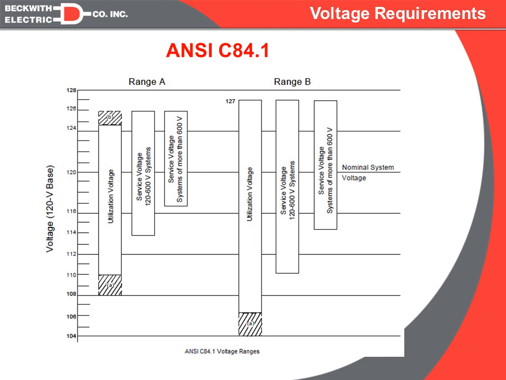And in range B, we are allowed to drop the low end voltage to 110, and we can raise the voltage to 127. So in the cases of system emergencies, it is within the utility's rights to have the voltage go between 110 and 127, and typically short durations of time are in the 5 to 10 minute range.